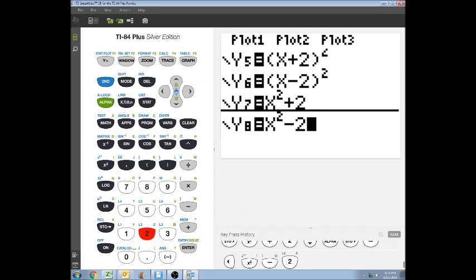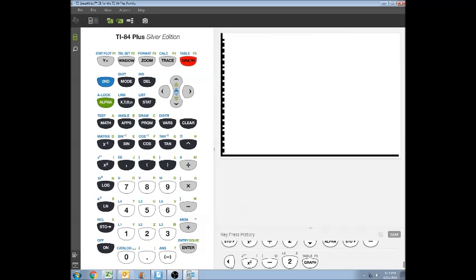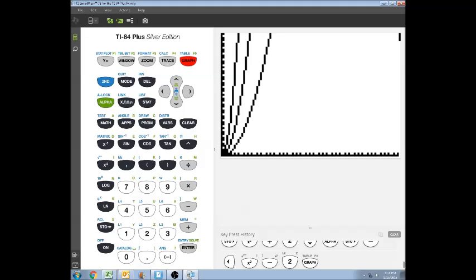And we're going to take a look at what each one of those does. As you can see, my window's a little messed up. I can only see one little line. So I'm going to go to Window and take a look.